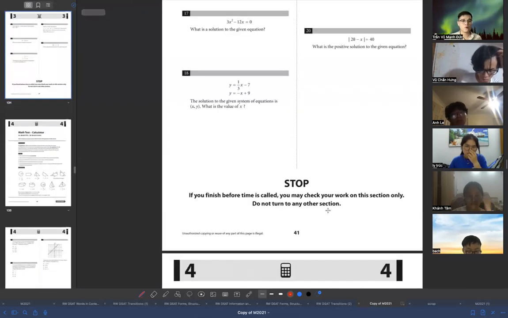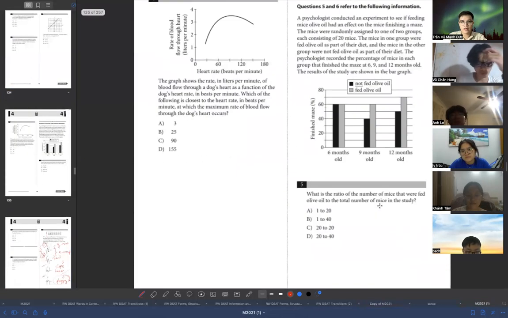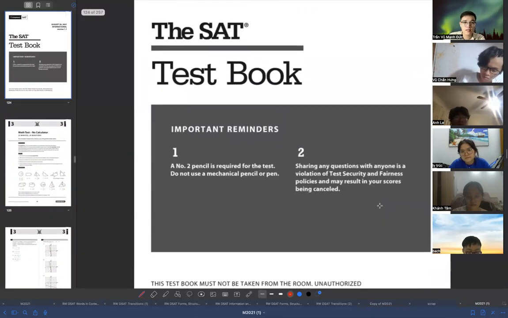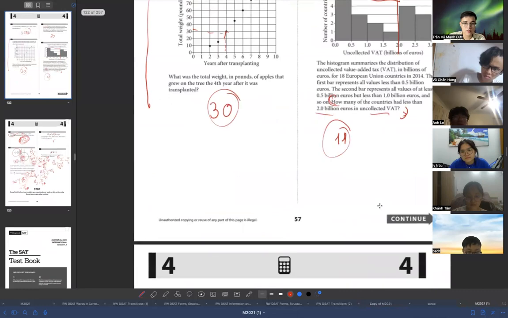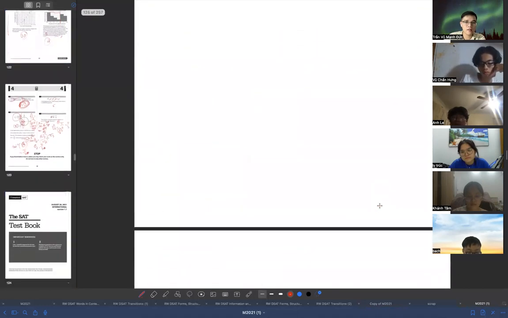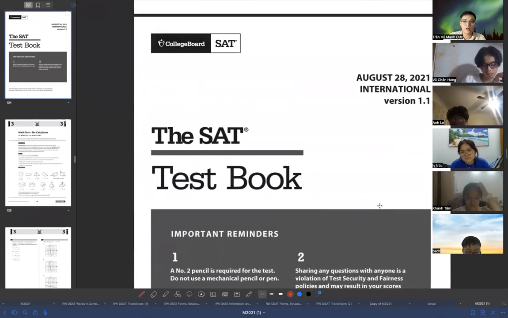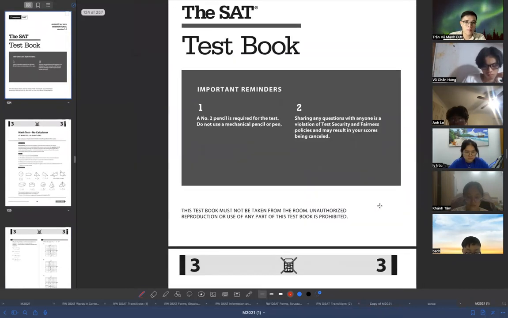I'm going to send the full answers to the group chat, and you guys can check on that, because the main thing I find in the August US paper is that it has the most statistics questions, and it's the most interesting. And the August International is quite a bit more easygoing. So I'm going to have you guys self-check on that.